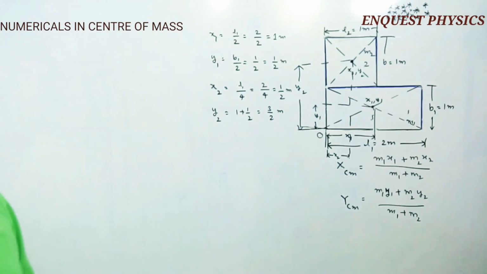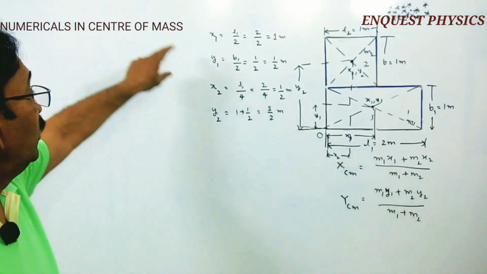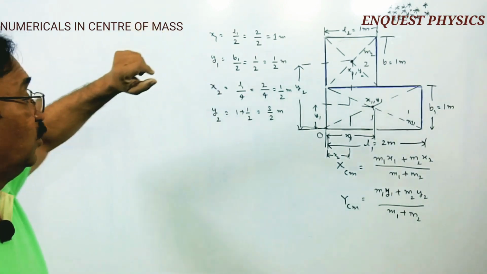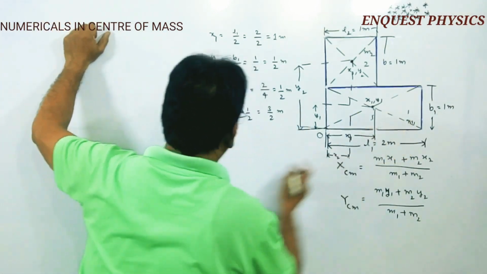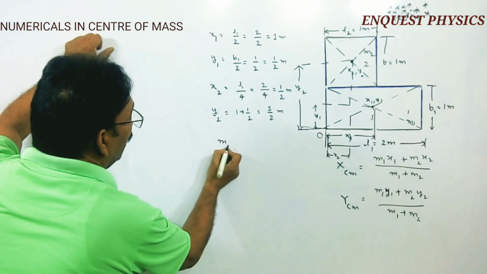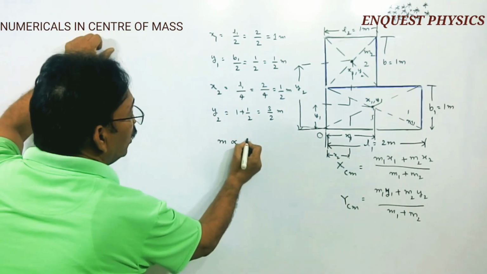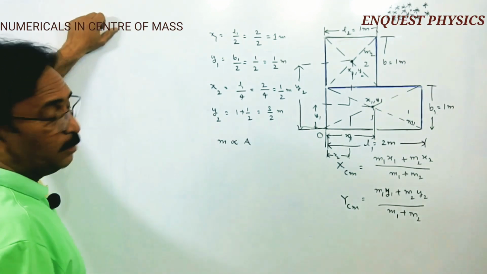Students, we have the coordinates x1, x2 and also y1 and y2. After that we have to go with the masses. If you watch carefully, mass is directly proportional to area since it is a thin plate.